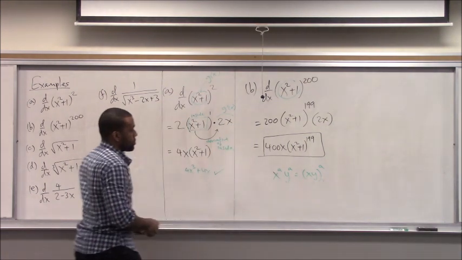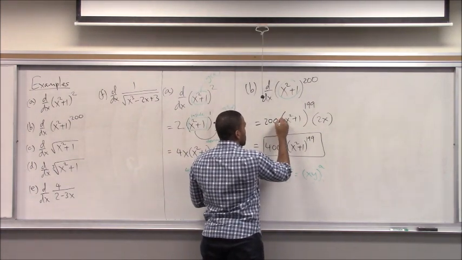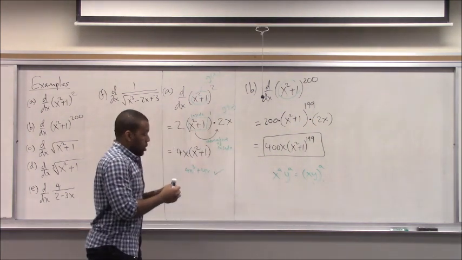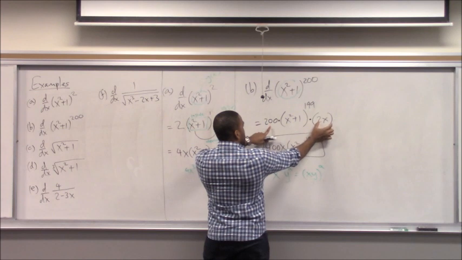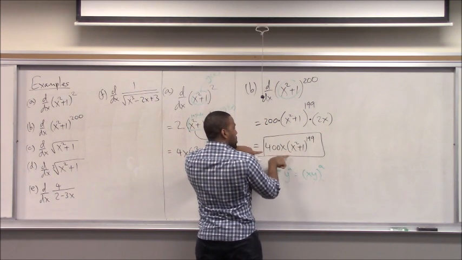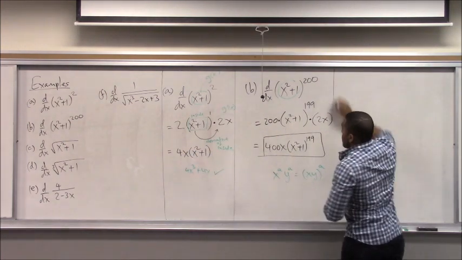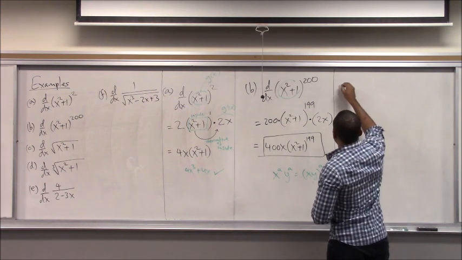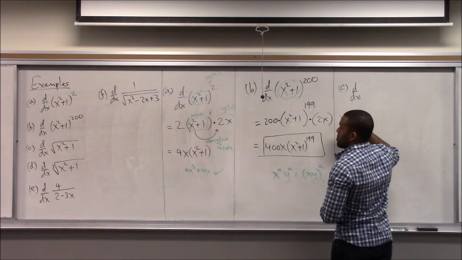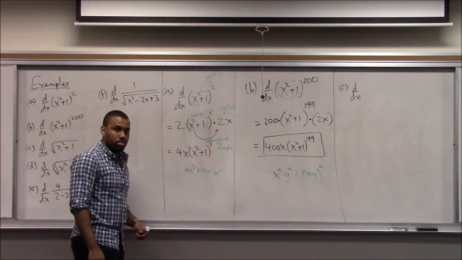The 200 is just 200 times this to that power. Because multiplication can work in any order, I can take the 2x and multiply this to get the 400x, but I can't move it inside the parentheses because the powers don't match. The power here is 1, so I can't.